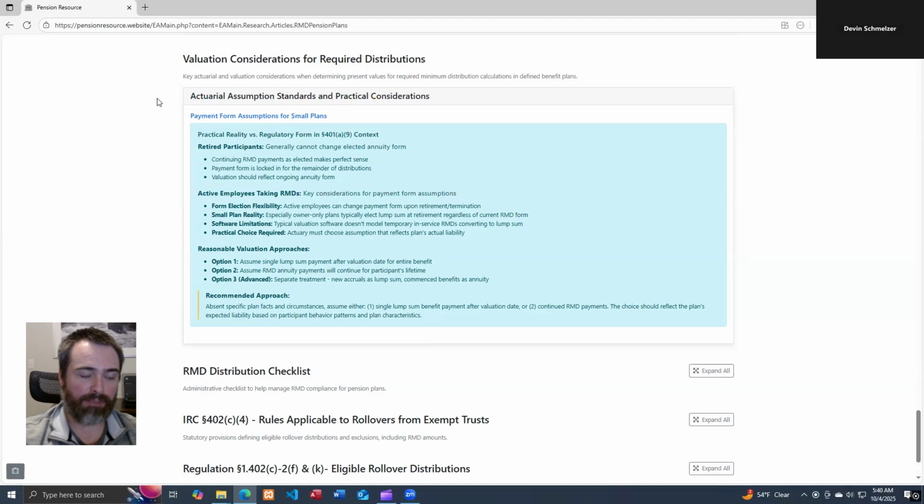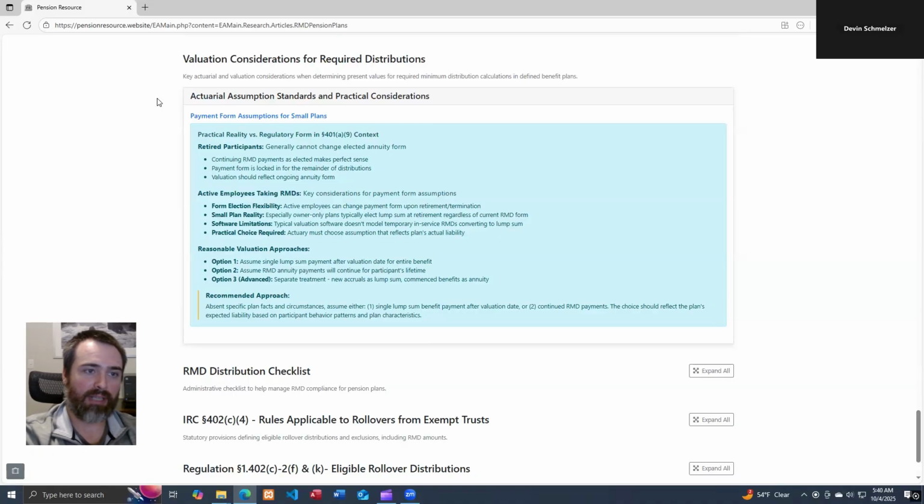So the plan's payments out of there don't necessarily have to match your best anticipated experience of the plan for facts and circumstances of your case. Often I see 3 scenarios for required distributions being paid out of plans.